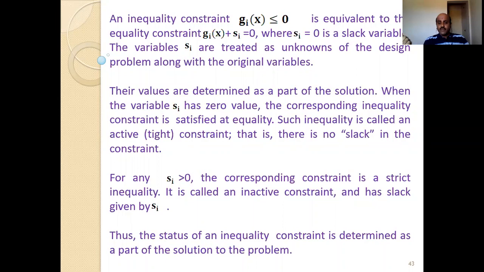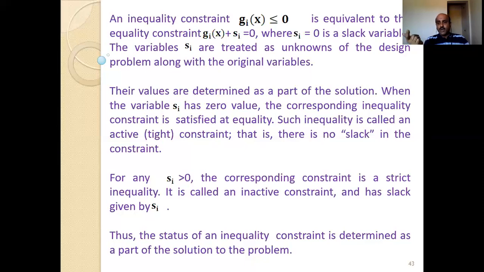When the variable Si has a 0 value, the corresponding inequality constraint is satisfied as an equality. In the sense, when you substitute Si equal to 0 in the equation Gi of x plus Si equal to 0, you are satisfying the equality constraint, because the inequality is less than or equal to 0, out of which one case will be the equality.